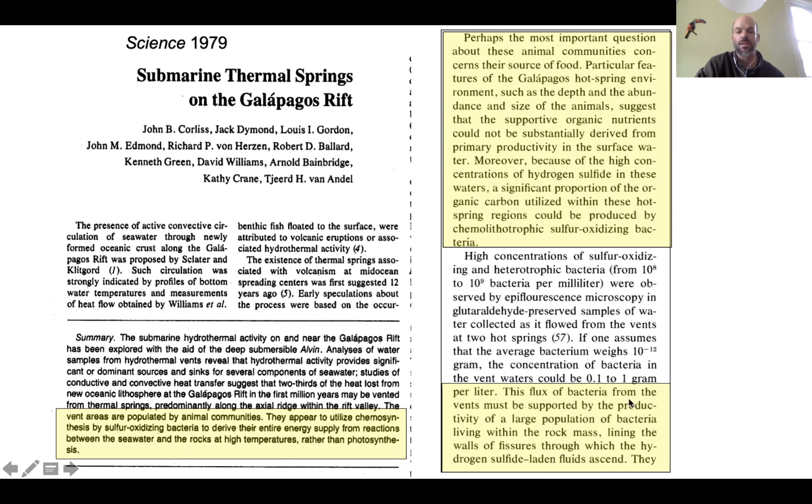So they're seeing huge populations of bacteria fluxing out of the vents, which means that those bacteria must be coming from somewhere, which must be a large reservoir of bacteria living underneath the vents, literally in the rocks and the cracks and fissures in the rocks where the water is flowing and where the hydrogen sulfide, the energy source, is coming from. So this initial discovery is a window into a huge subsurface habitat that nobody had known had existed before.